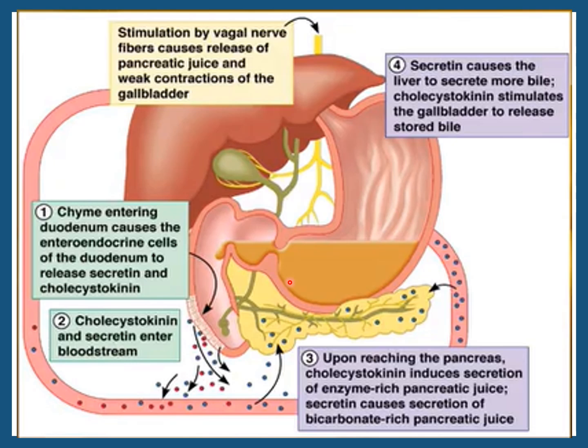Secretin then causes the sodium bicarbonate to be released. Secretin is also going to impact the liver to make more bile. So the gallbladder will be stimulated to release its stored bile, and the liver is going to start making some more bile that can then be immediately released, and then any extra will be stored.